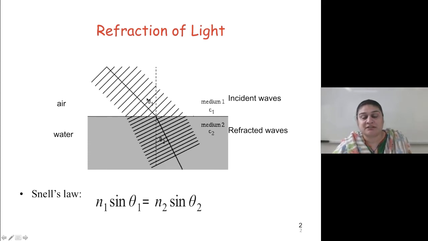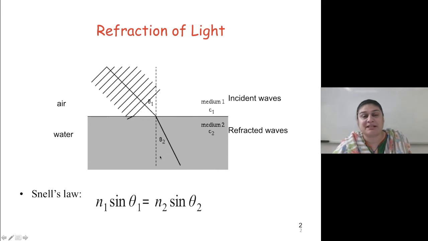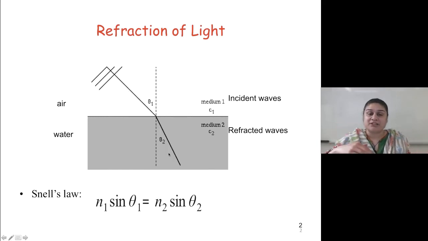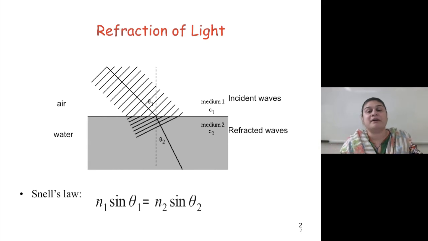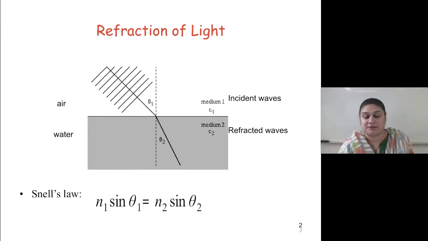So this angle is the angle of incidence, and this angle is the angle of refraction. The refraction actually depends on the incident angle along with the index of refraction of the different media.